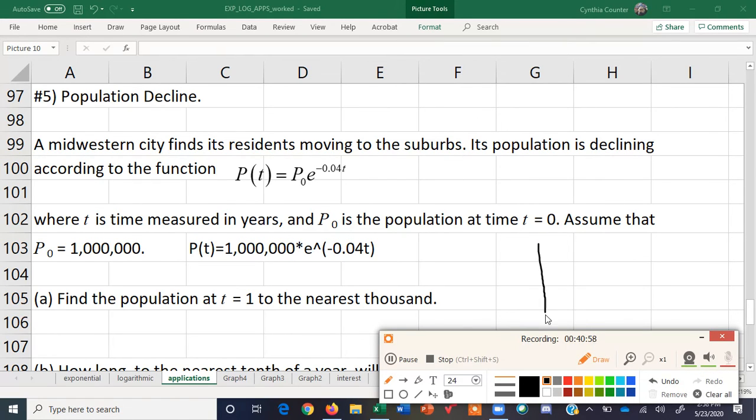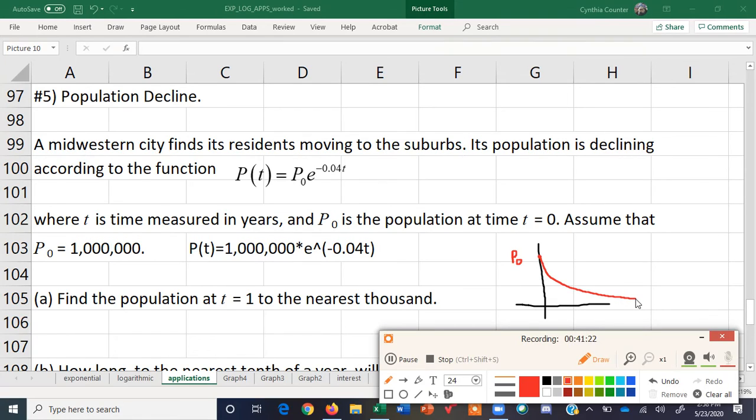So if I just draw a quick little sketch down here, it starts at p sub 0. So right here could be our p sub 0. And then it's decreasing, so it's going down like this.